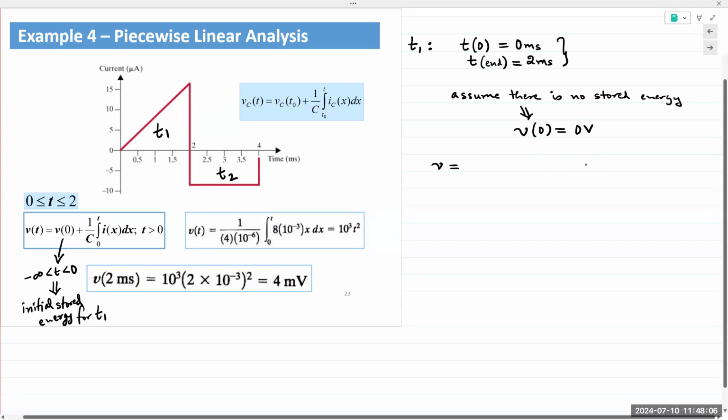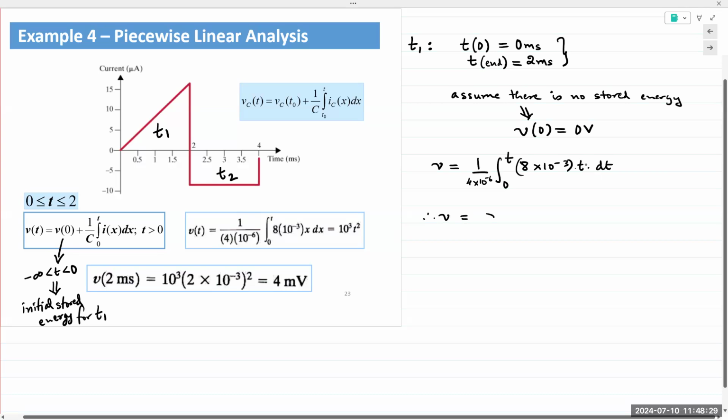V is 1 over C, integral 0 to T, and this is 8 into 10 raised to minus 3 T dt, and C, of course, is 4 microfarads.